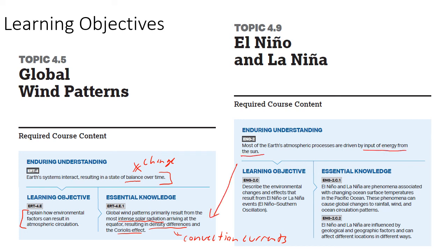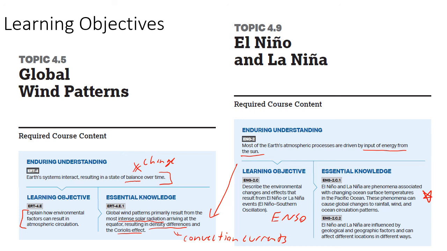Describe the environmental changes and effects that result from El Nino or La Nina, which are both part of the El Nino Southern Oscillation cycle, or ENSO. We talked about each one individually, how they result from changing oceans and changing Pacific trade winds, and the global effects they can have.